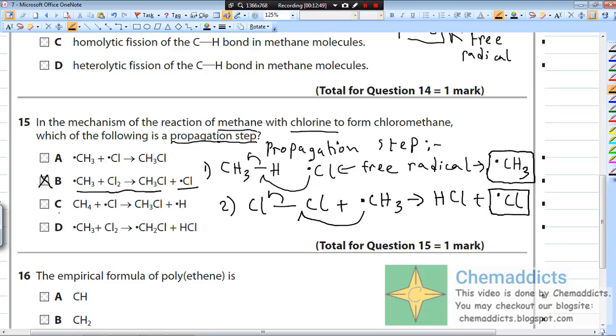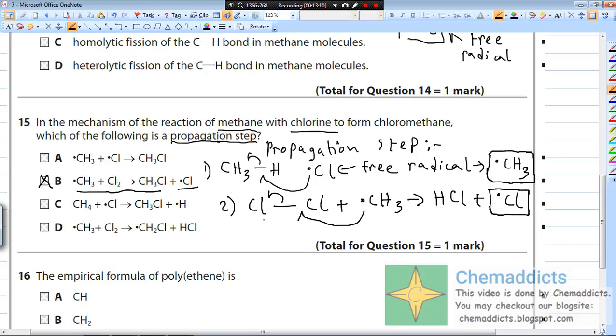Let us discuss some other points regarding this topic, and repeat these points once again. CH3 free radicals attack a chlorine molecule and form a chlorine free radical.